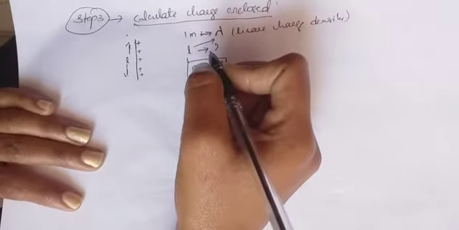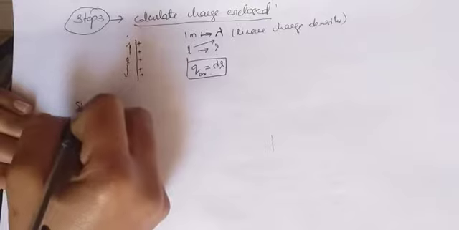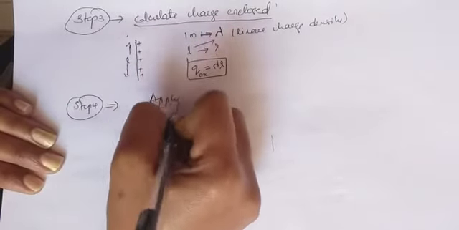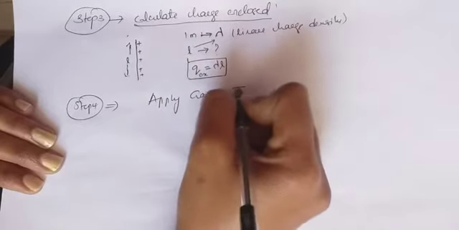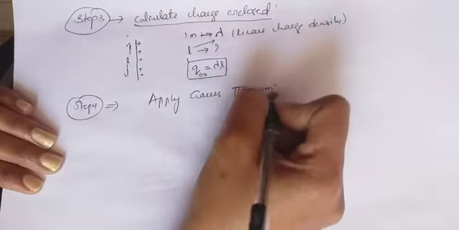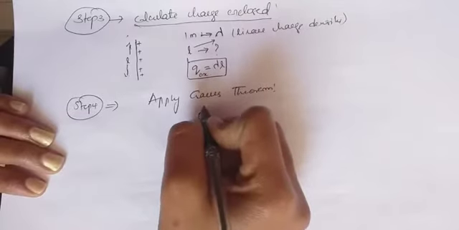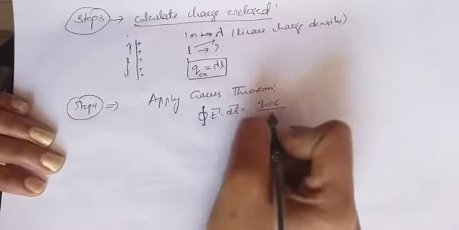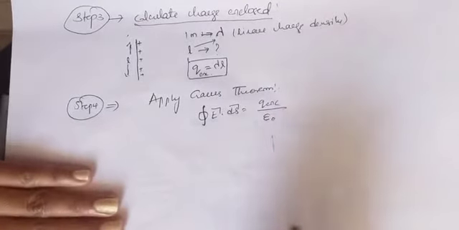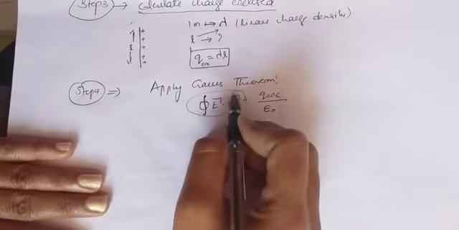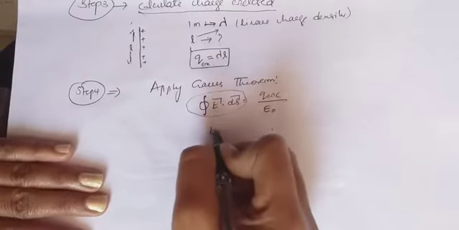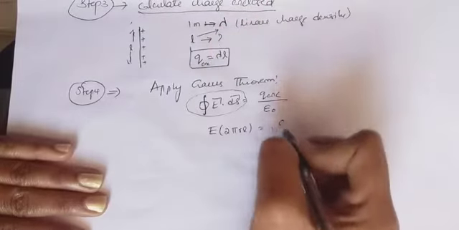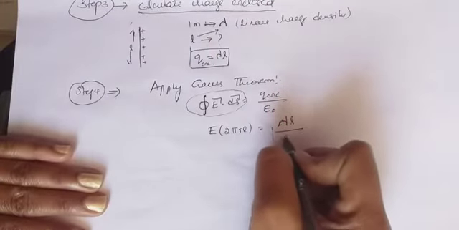Now step 4 is what? We have to apply Gauss theorem. Gauss theorem is: the closed integral over E bar dot ds bar is equal to Q enclosed by epsilon naught. From the second step we have E into 2 pi r L, and that must be equal to Q enclosed, which is lambda into L, divided by epsilon naught.